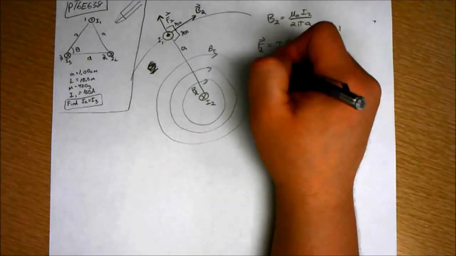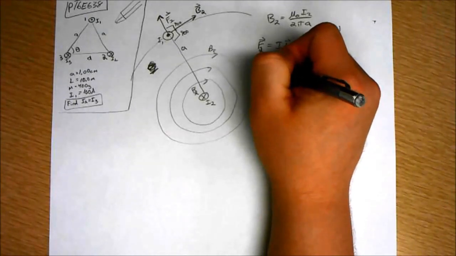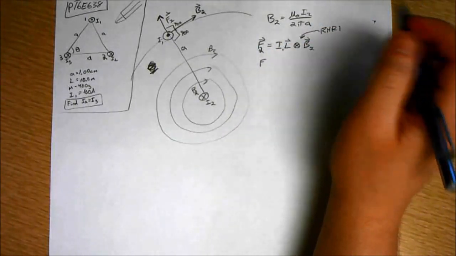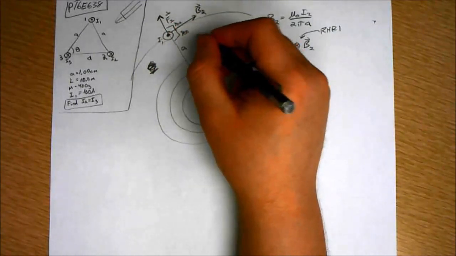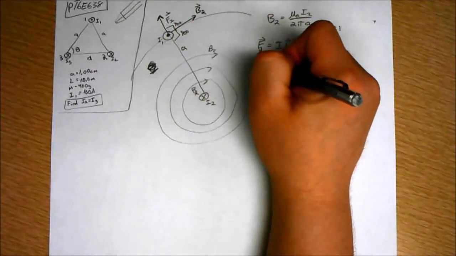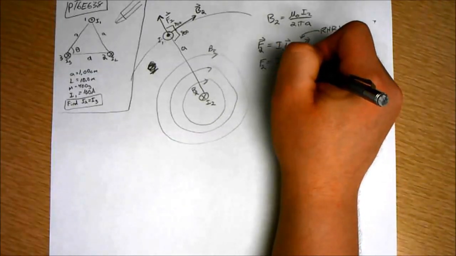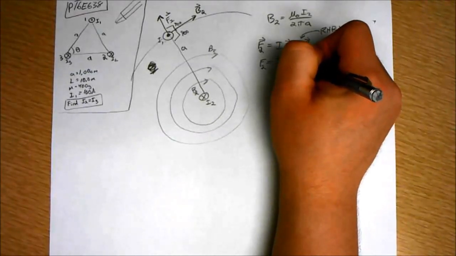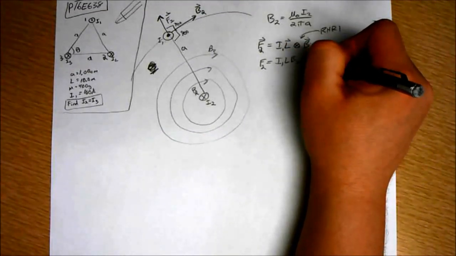Okay, for the time being, let's just give the magnitude. And we'll come back to the orientation because we have to talk about the angles and stuff in a second anyways. But if we just want to deal with the magnitude, we know it's I1 L B2. We could say sine of alpha.